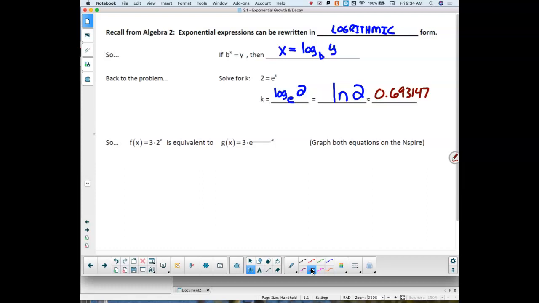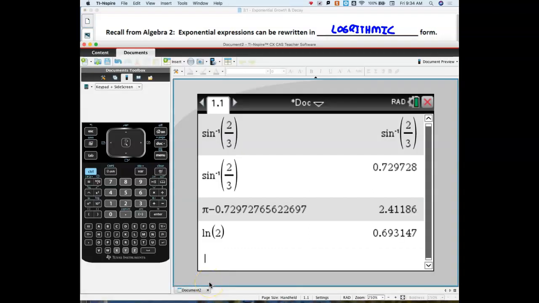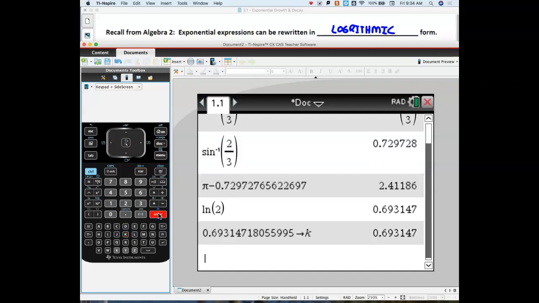Okay. Now, I am going to store that in my calculator as my value of k. So now that that's stored in my calculator as my value of k.